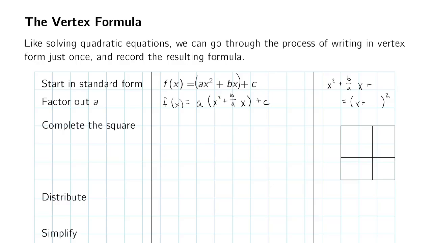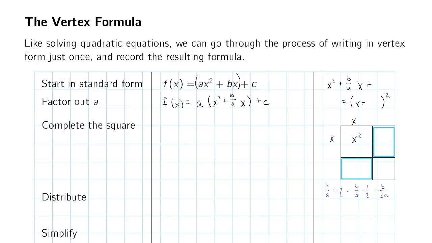And we have our square set up. We've got x squared in the top left, which is x times x. And then for our two small rectangles here, we'll want to divide b over a times x evenly between them. So we'll say b over a divided by 2 is b over a times a half is b over 2a.